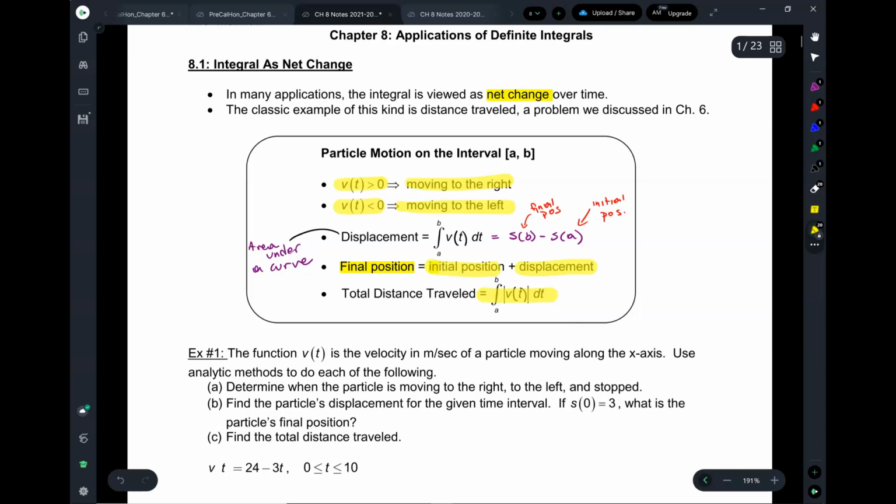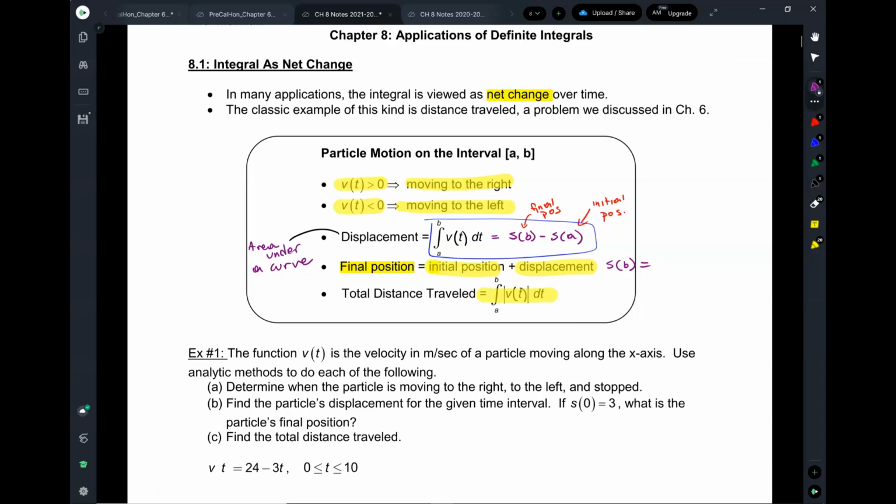Questions here? Okay, I just want to add one more thing about final position. Final position is s of b. Now take a look at the line right above it where we talked about displacement. What did we say for final position?